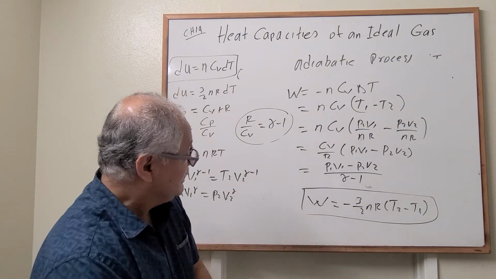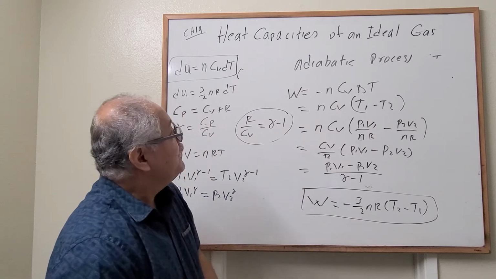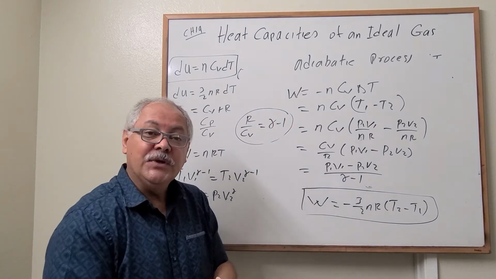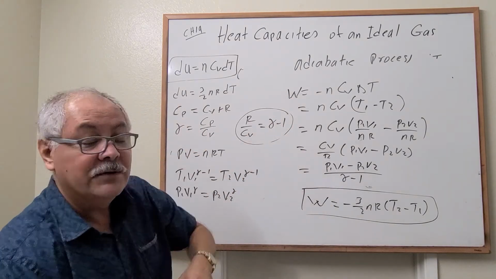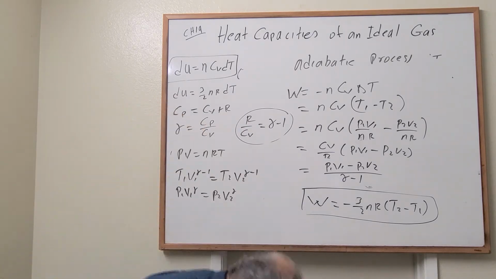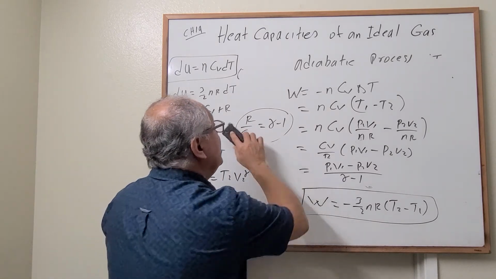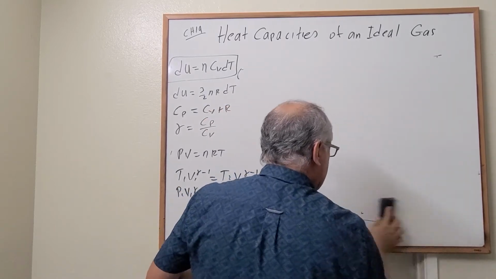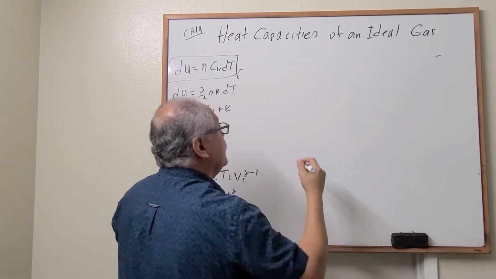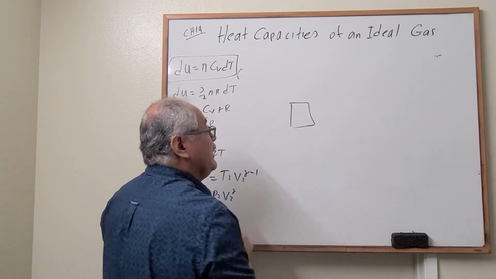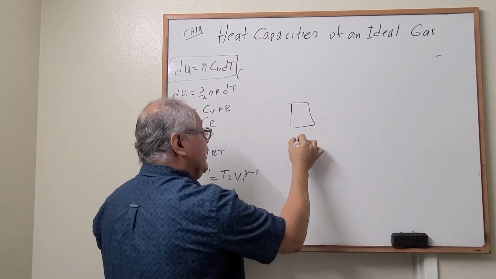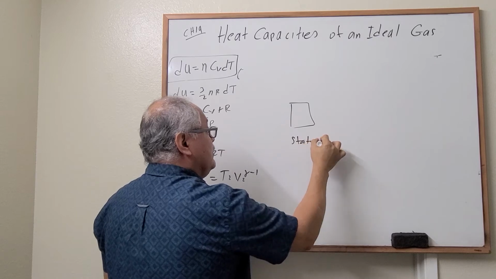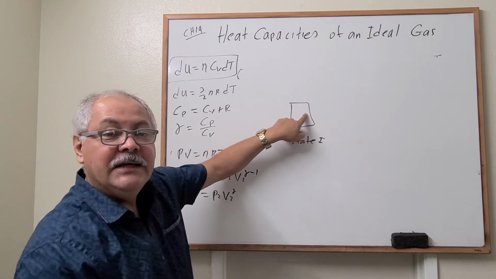Okay, great. So let's make a summary of this chapter. This is the last topic for this chapter. We found that when we have a system at state 1, how do we specify this state?